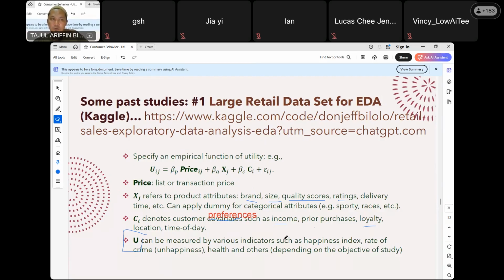We are still developing the model, but I commented on some issues with the current draft, so my counterpart is still revising the article. And then you can also look at the rate of crime. Because of course, for an individual, you can count how many times they are involved in crime.